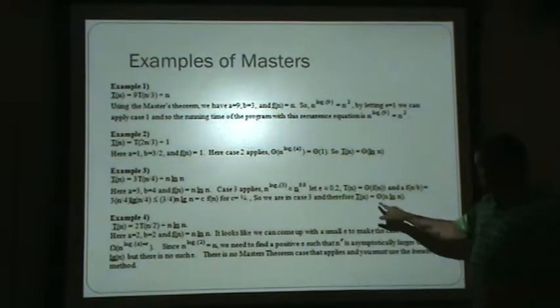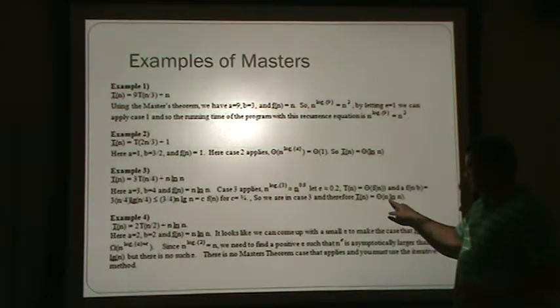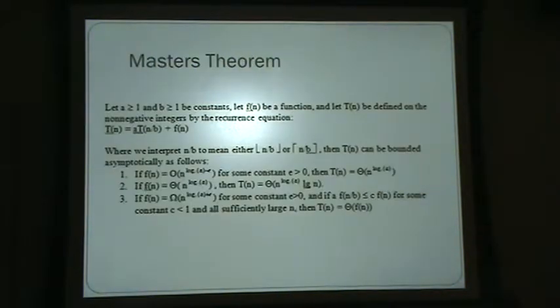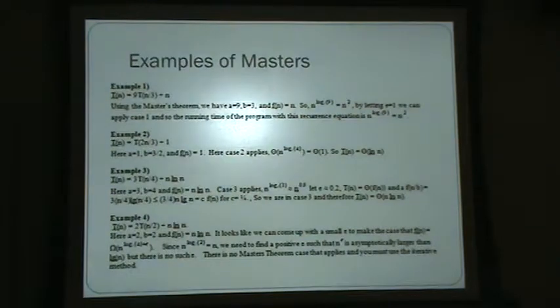And therefore, the cheat sheet tells us that the answer is always... what does that tell us? The cheat sheet tells us the answer, once you're in case 3, the answer is f of n. So the f of n term ends up being the dominating term.